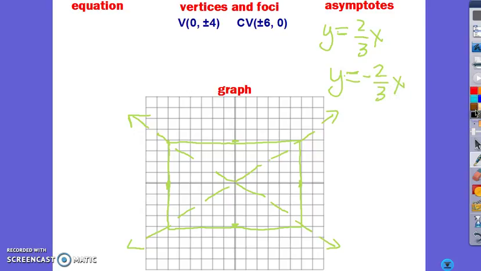Let's start our equation. Is this going to be an x squared or a y squared first? How can you tell if it's opening side to side or up and down? That is why they called the smaller one the vertex, because this happens to be an up and down hyperbola that's pretty darn wide.